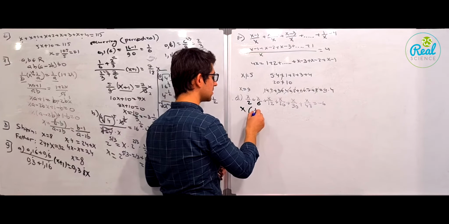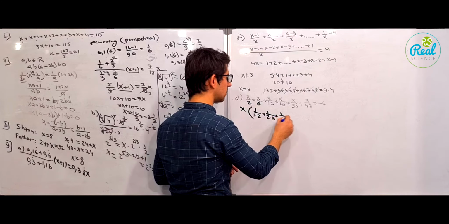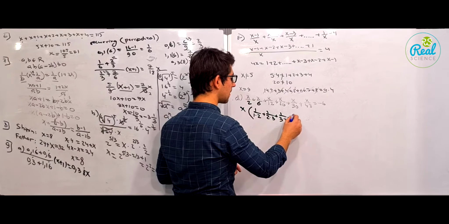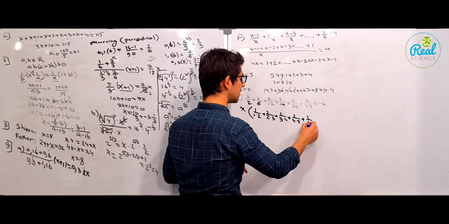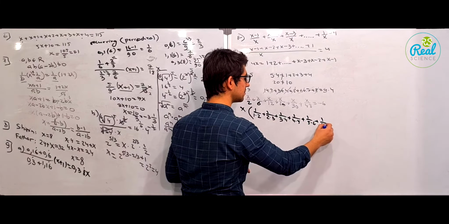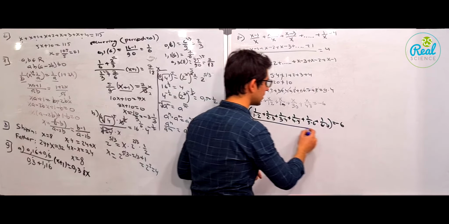So what we are left with is 1 over 1 multiplied by 2, 1 over 2 multiplied by 3, 1 over 3 multiplied by 4, 1 over 4 multiplied by 5, 1 over 5 multiplied by 6, and 1 over 6 multiplied by 7. It equals minus 6. So how can you compute it?